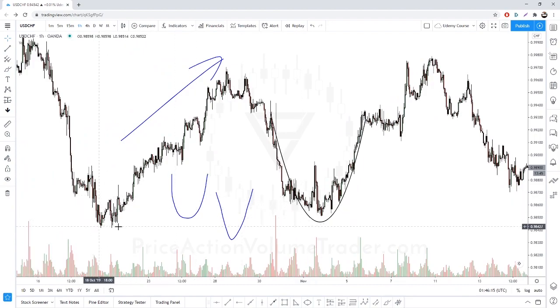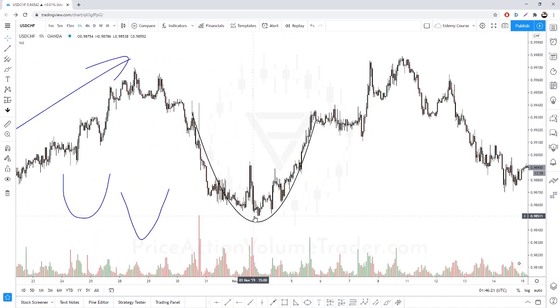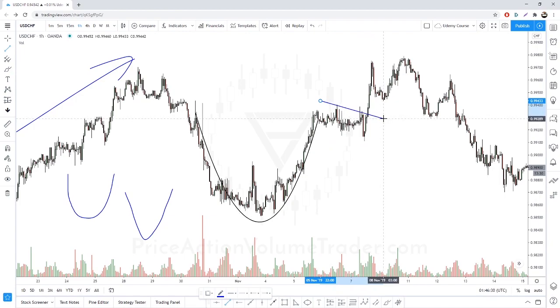We can see that this previous low was not broken, so the market structure hasn't really shifted. And then once we get up here, we got a flag or channel just coming down.